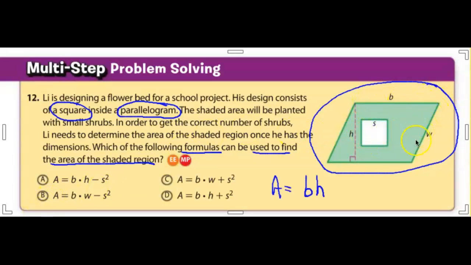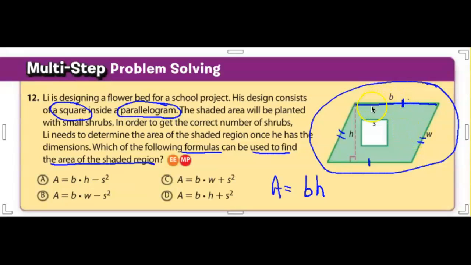That's exactly right. Since this is a parallelogram and not a rectangle, we're going to use base times height. Now they happen to label the base as the top instead of the bottom. A lot of times we'll see it as the bottom, but honestly this is equivalent to this line, so it really doesn't matter, since opposite sides of a parallelogram, I'm making the congruency marks, are equal.